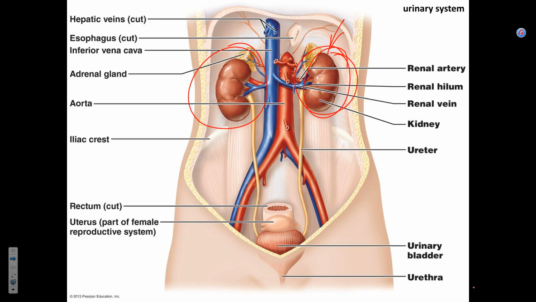Kidneys receive a lot of blood supply. You can tell. This and this are the left and right renal arteries. You see that these arteries are pretty considerable in size. Kidneys receive about 25% of cardiac output.